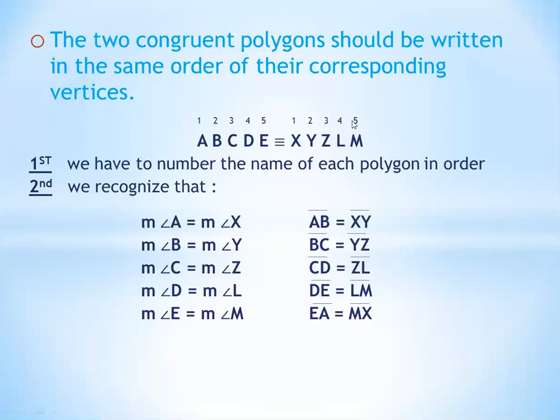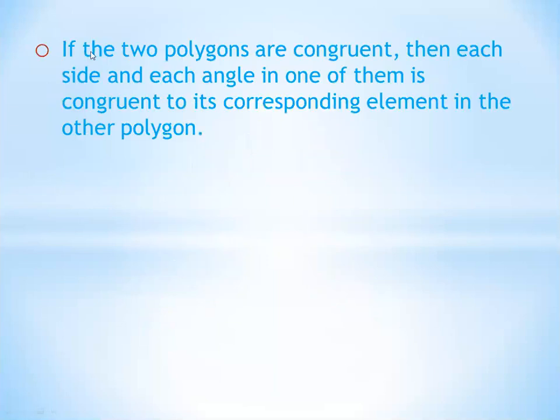You have to say it in the same order: EA, MX. So the two polygons are congruent. We can know from the sides. If the two polygons are congruent, then each side and each angle in one of them is congruent to its corresponding element in the other polygon.